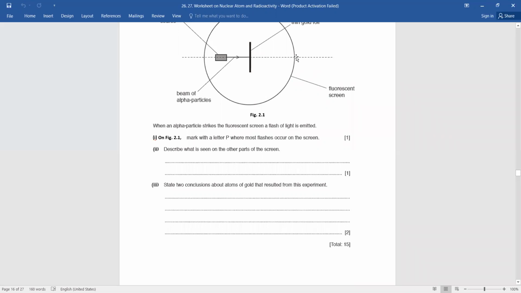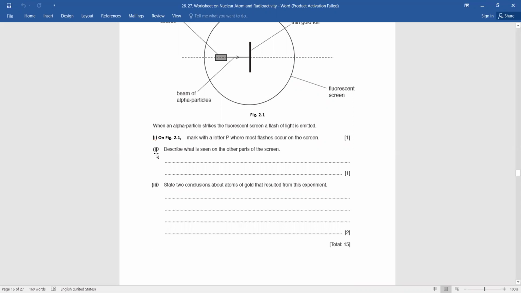So you will label P here, at this straight position. Are you doing it, everyone? You just draw one circle, then draw the source. Then you show P here. That's it. Is it clear, everyone, what I explained? Yes, sir.